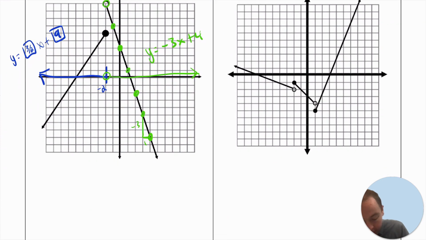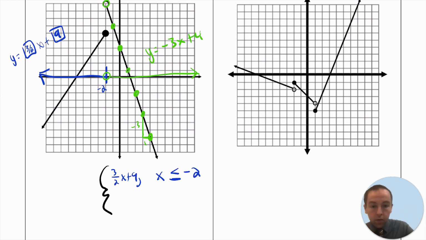Putting this all together, if we're to write a piecewise function for this, we have first of all 3/2 x plus 9, then a comma, restricted when the x values are at -2 or below. You've got the equal to underneath the less than because of the solid dot there.